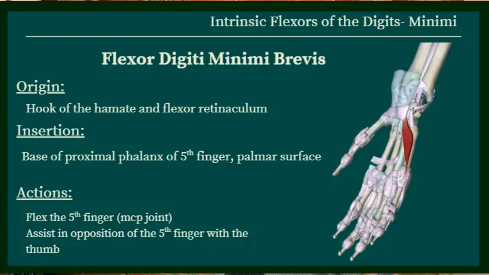That's that leathery sheet that goes over the flexor side of carpal bones. It attaches here, and it goes up to the base of the proximal phalanx of the 5th finger, just above the knuckle of the metacarpal joint. It flexes the 5th finger at the metacarpophalangeal joint, and it assists in that.